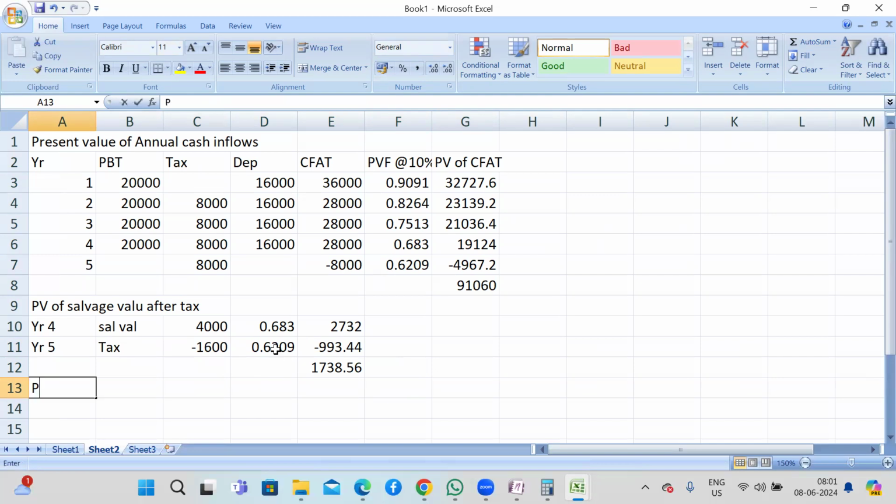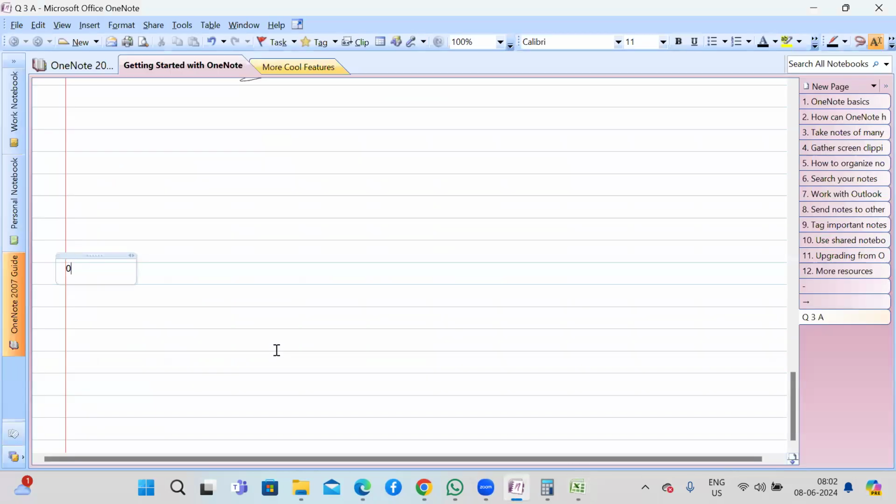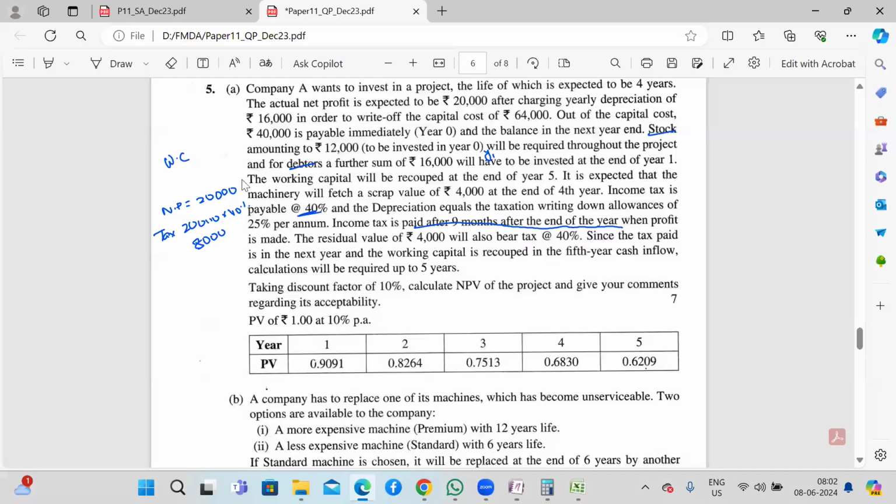Then I'm calculating the present value of working capital. It is recouped at the end of year 5, they have given. So working capital is 16,000 and 12,000; I am going to recoup it at the end of the 5th year.